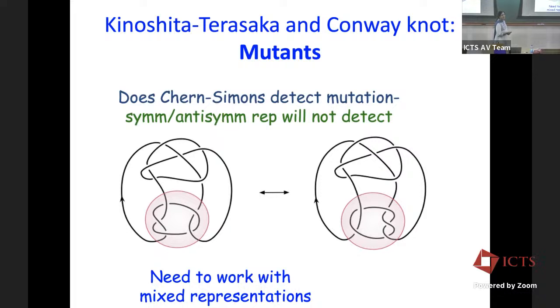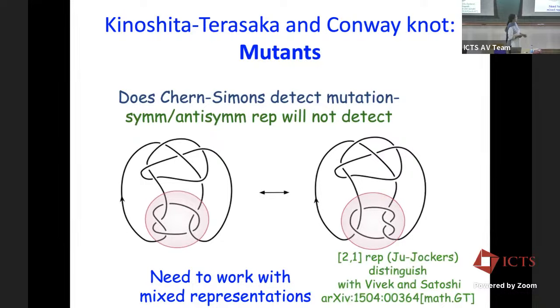So what it tells me is that you need to go beyond symmetric. You need to at least go to the octet diagram in SU3 and see whether this operation can be distinguished. Zhu and Joker, purely from conformal field theory, worked out this Wigner 6j symbol for the (2,1), which is an octet diagram.